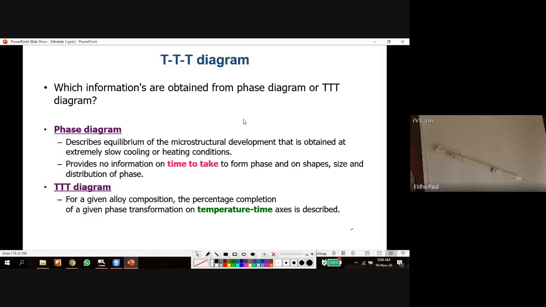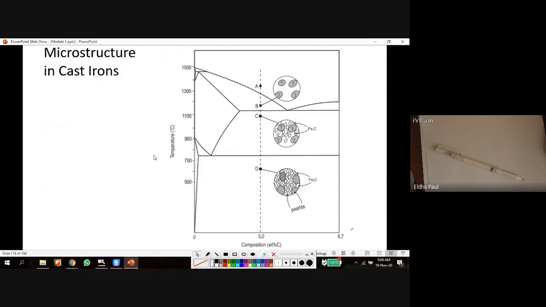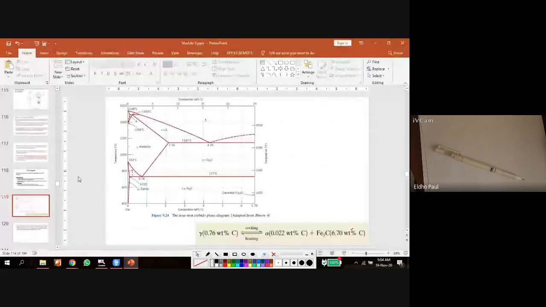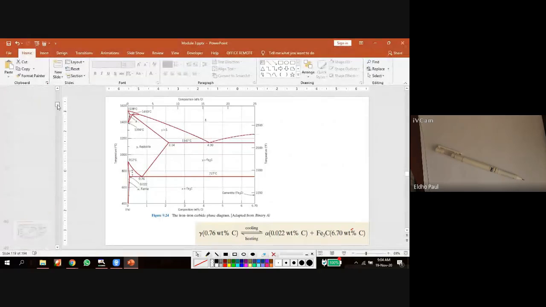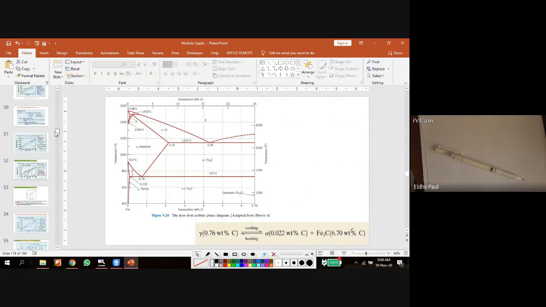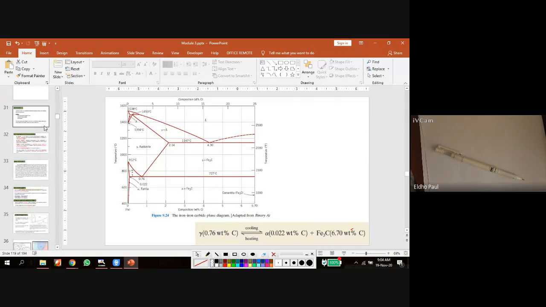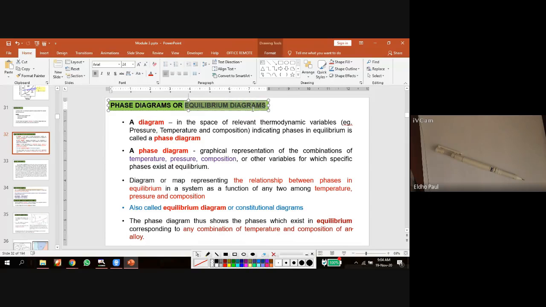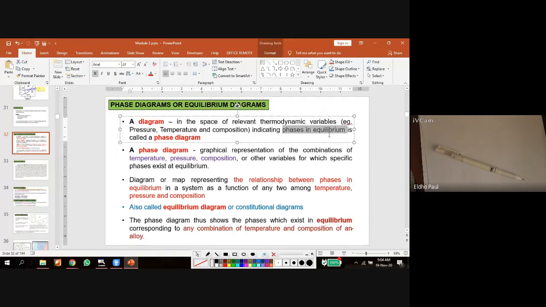And one of the important characteristics of the phase diagram, which I already explained in the introductory portion, is that a phase diagram is an equilibrium diagram. It's very important. Another name of phase diagram is an equilibrium diagram. A phase diagram is a space with a relevant thermodynamic variable indicating phases in equilibrium.